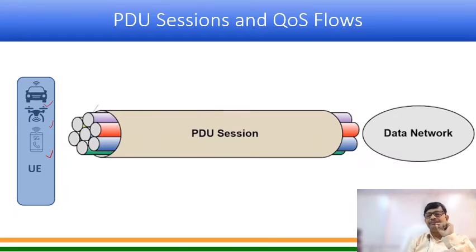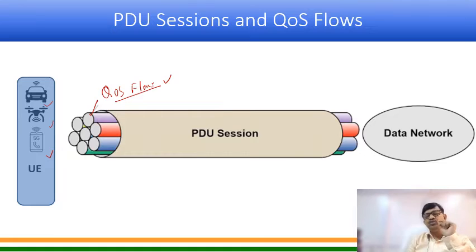So within the pipe of the PDU session, let us assume that this particular blue color PDU session is created, and within the PDU session a quality of service flow is added. A QoS flow is added. So this is a PDU session, and inside the PDU session at the time of registration a default QoS flow is added.